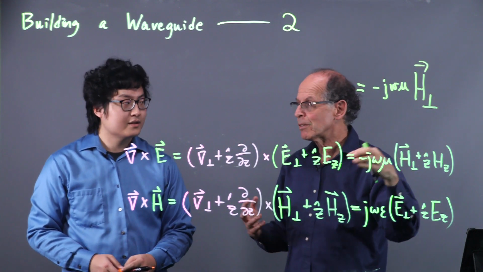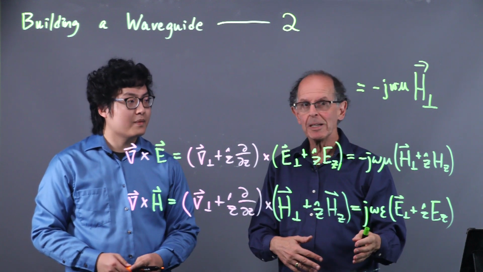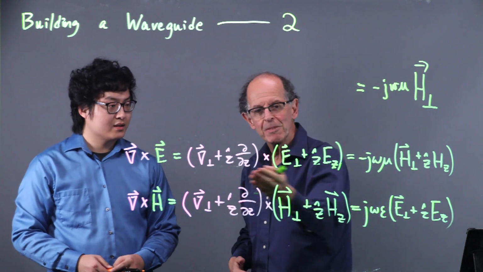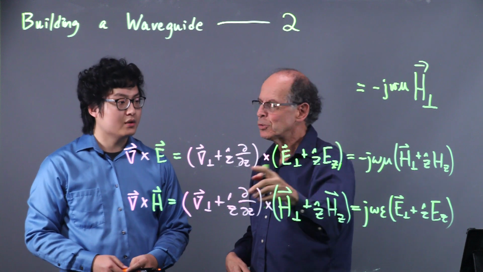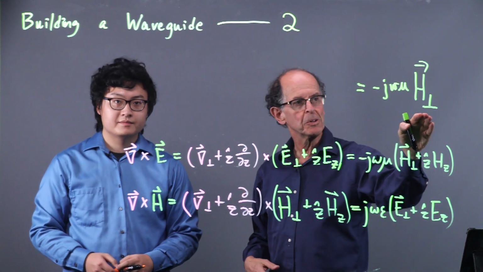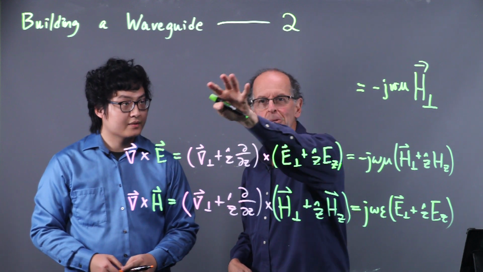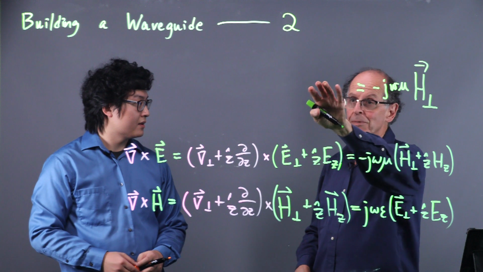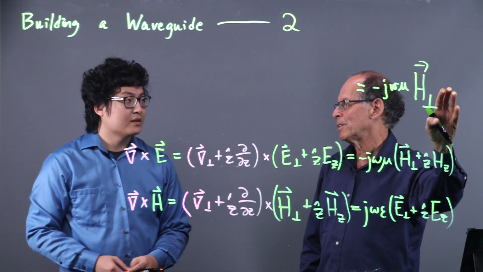H perpendicular is going to have an x hat and a y hat, an x and a y component. We want to find out which of these terms, there are 4 terms here, correspond to transverse components. So Sam, take us through what the right-hand side is going to look like, bearing in mind that the right-hand side is only in the xy plane.